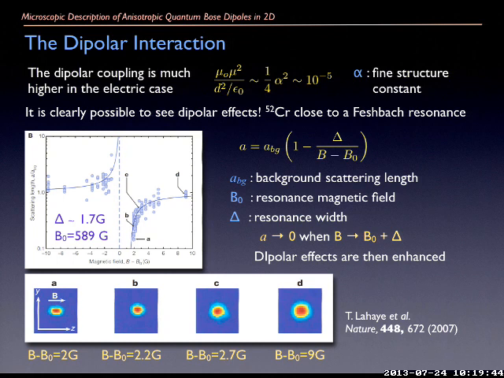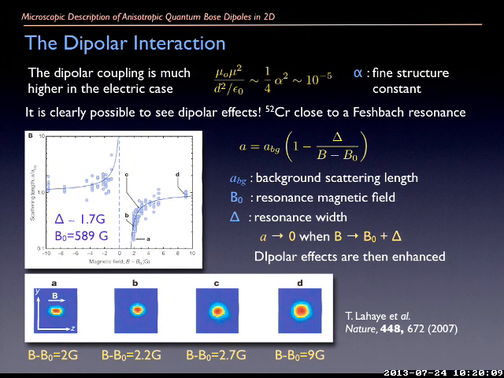This situation is for a cloud of chromium-52 atoms, quite far from the resonance. You see that the width of the resonance is 1.7 Gauss. Here we have B minus B0 of 9, so we are quite far away. The two-body effect, the hard core in the system, dominates.